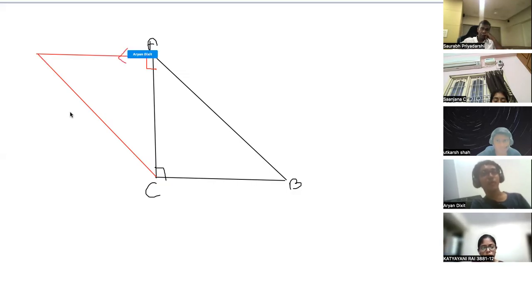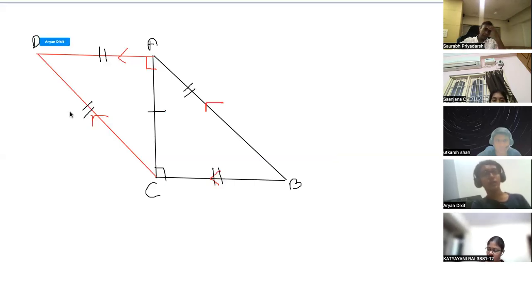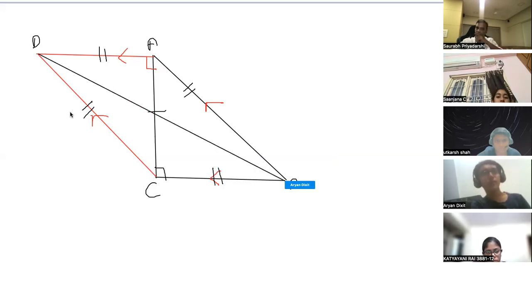Very good. This is parallel, this is parallel, this is also parallel. So now we know that this side would be equal to this side, and this side would be equal to this side, since it's a parallelogram. Make triangle ABD, and this would be the height.